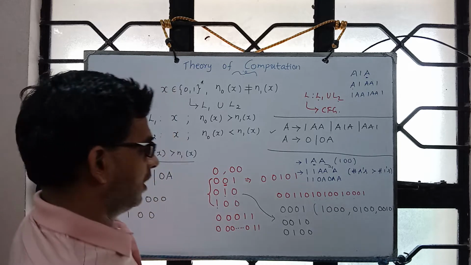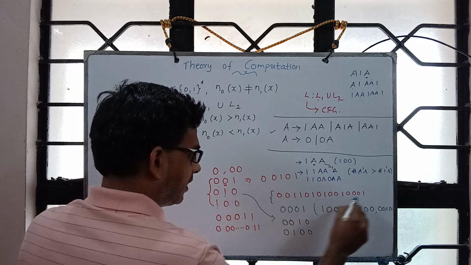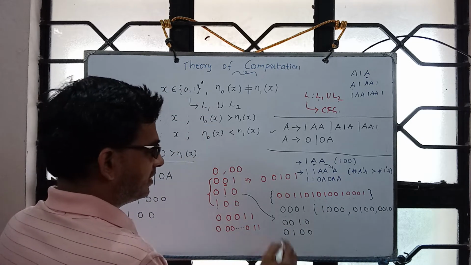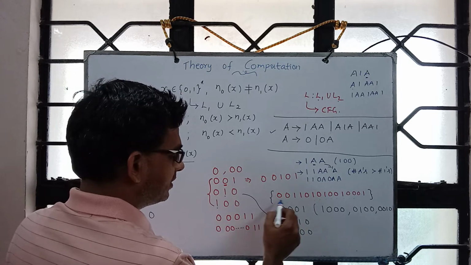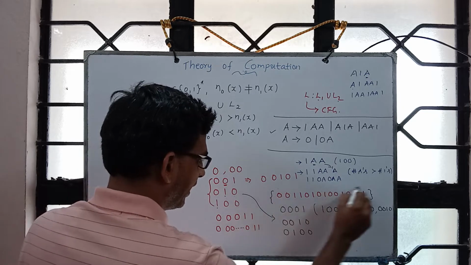Fine. Now this was our initial thought: an arbitrary string of this, how do we generate? Now you can see that this can be generated using 0A.